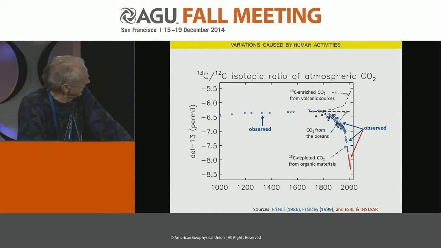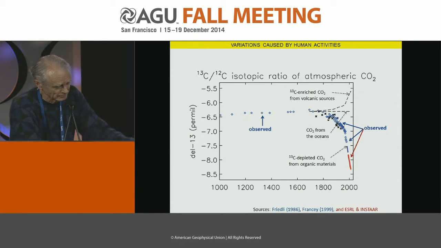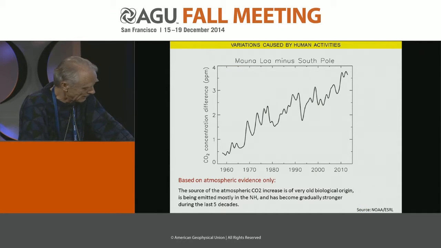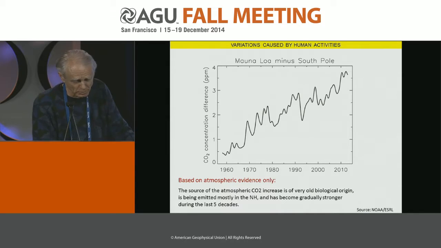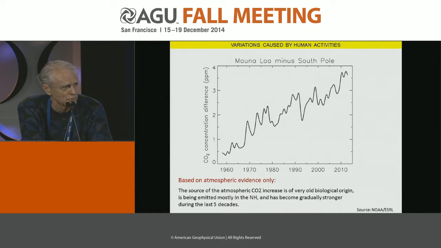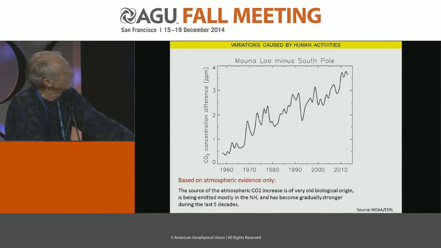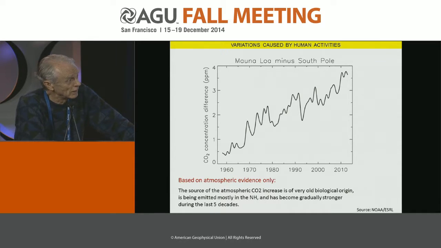It goes down, and it is actually fully compatible with a depleted source of organic material, roughly 20 per mil different from the atmosphere. And in addition to that, when we plot the difference between Mauna Loa and the South Pole over time, again deseasonalized, so this is the long-term trend of both, we can see that the difference between the two hemispheres has changed gradually over time.